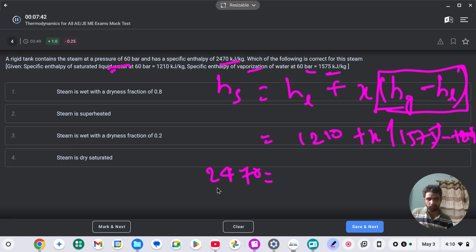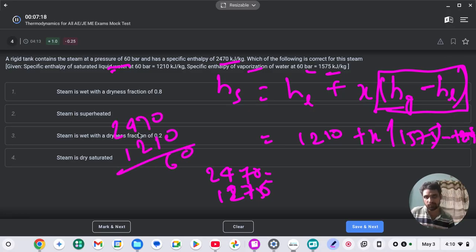So 2470 minus 1575 should be equal to, sorry, 2470 minus 1210. 2470 minus 1210 should be 1260. So 1260 upon 1575, so this will be less than 1.